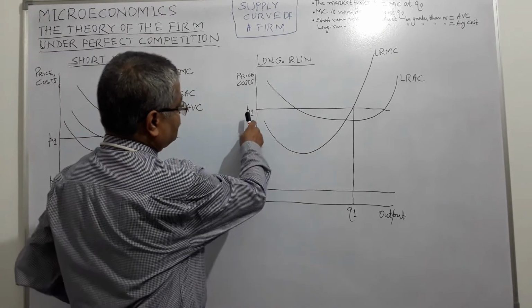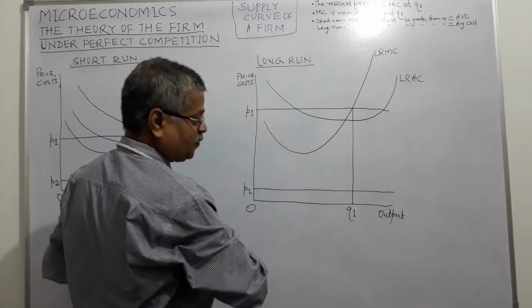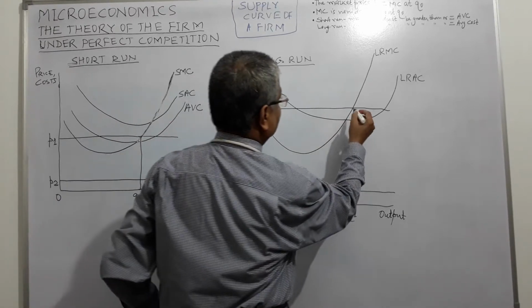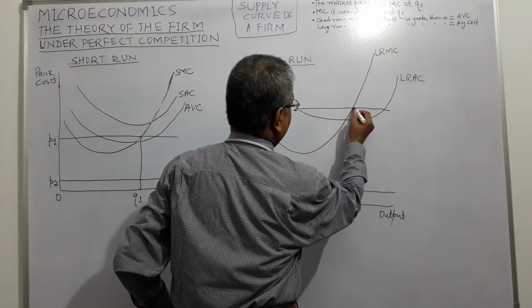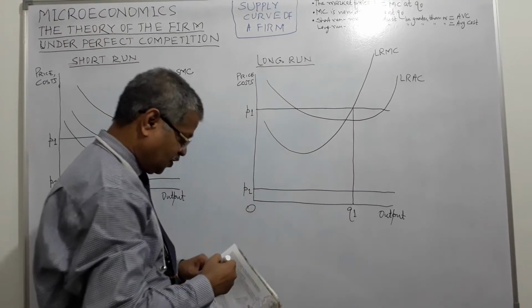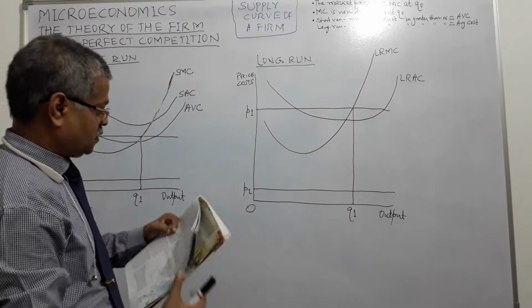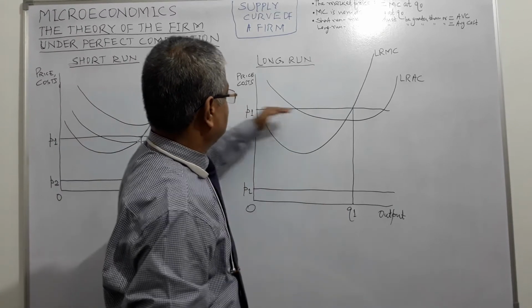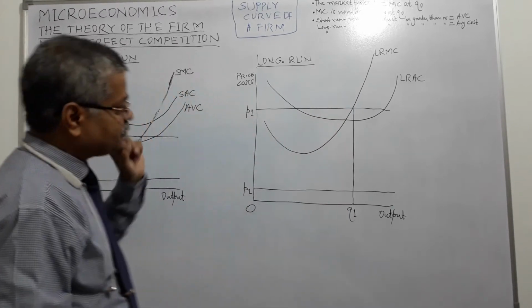So when we equate P1 with this long run marginal cost curve, we come to this point, right? So our output level becomes OQ1, since it is here, right?